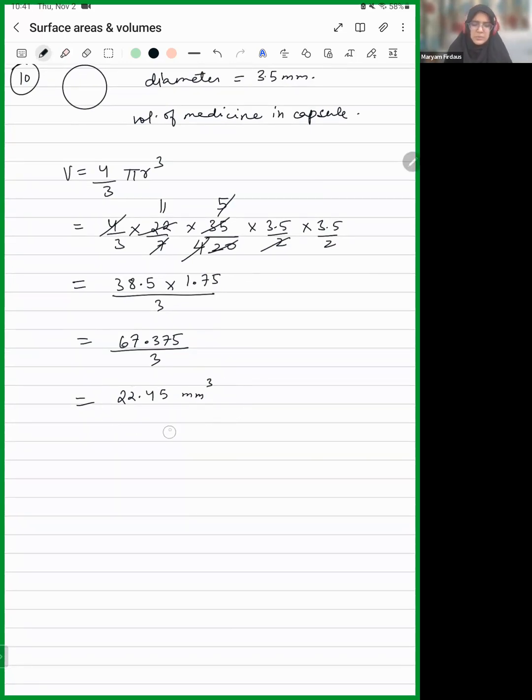If you're getting 22.45, 46, 47, anything around that, these three digits should be exact, and the last digit being a little bit different won't matter much. So this one is the correct answer. It's an approximate answer, because it's divided by 3, so it's never actually going to give you an exact answer.